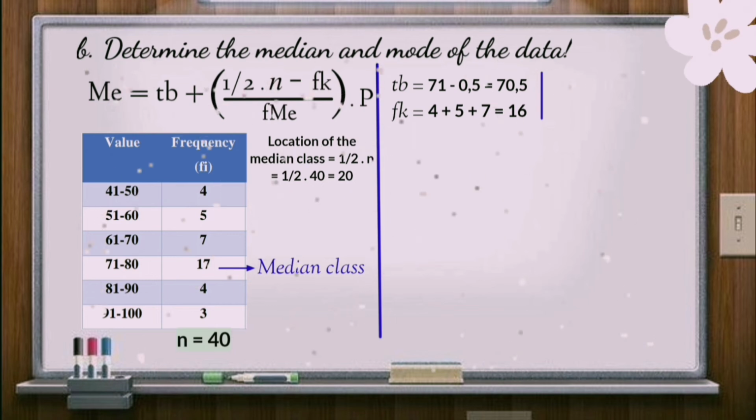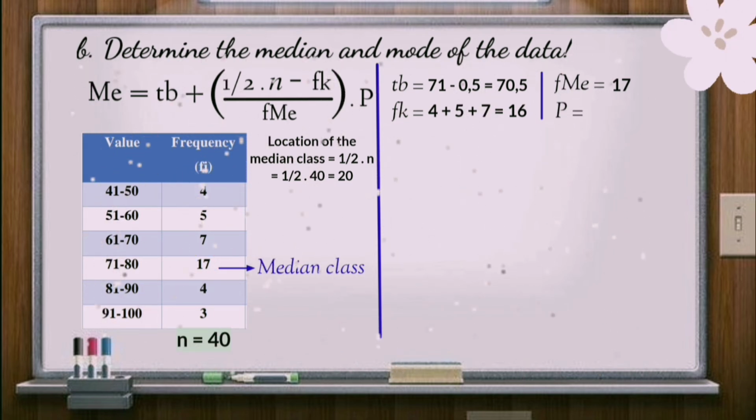Then the frequency of the median class is 17. Then the class length is obtained from 71 to 80, so the class length is 10.